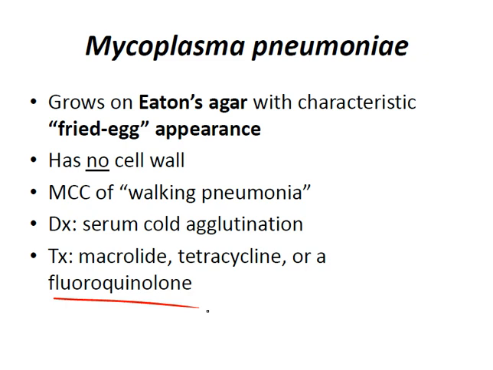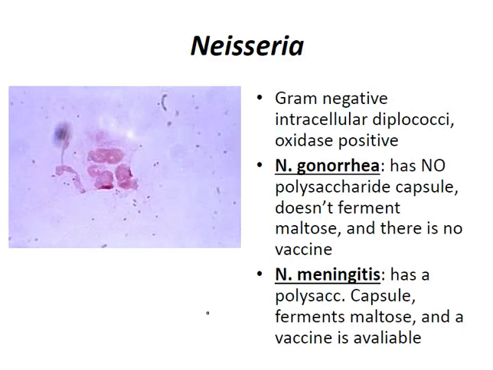And that is Mycoplasma pneumoniae. So let's talk about Neisseria. Neisseria is a gram-negative intracellular diplococci, and it is oxidase positive. Now it's a glucose fermenter, and has IgA protease secretion.